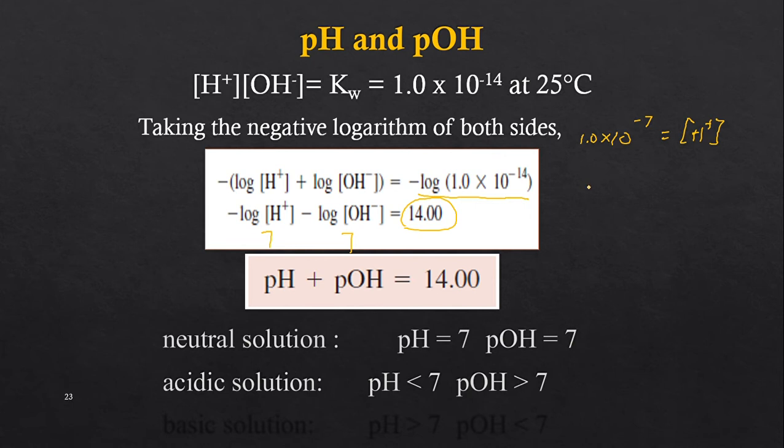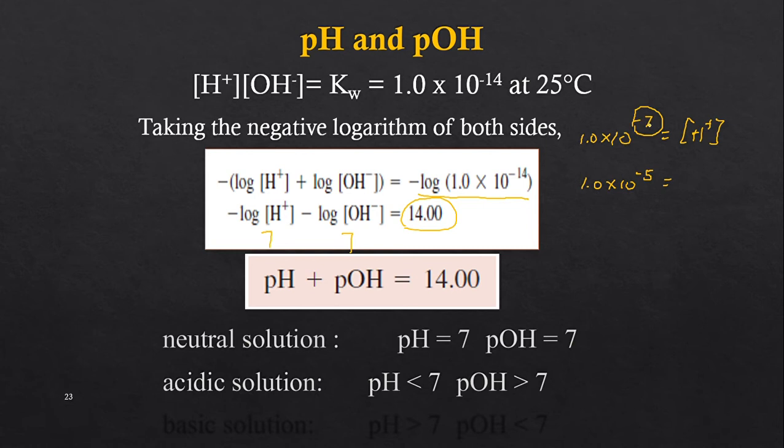Okay? Now, what if we increase the concentration of our hydrogen ion? And when we increase it, it means we lower this exponent. For example, 1.0 times 10 to the -5. Okay? So, our concentration is now higher because our exponent became -5.